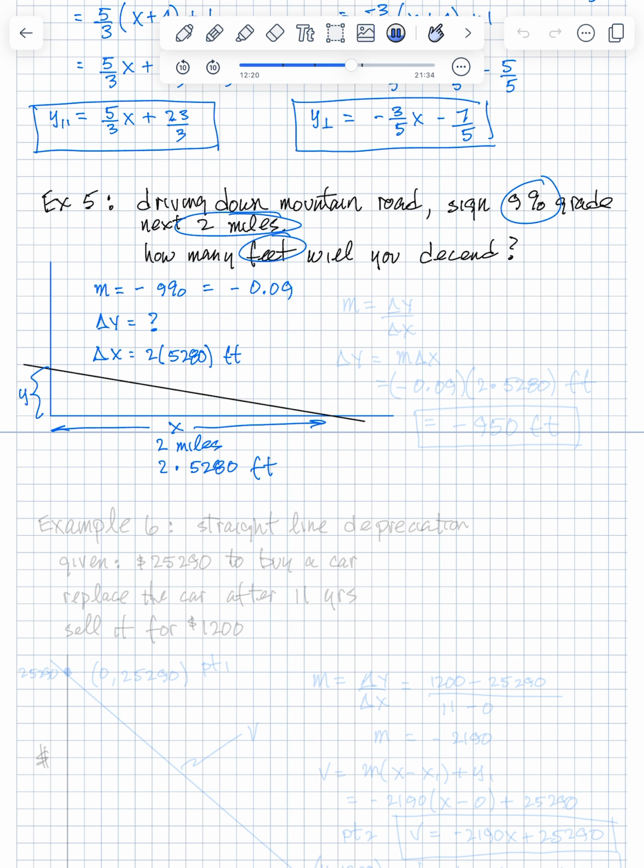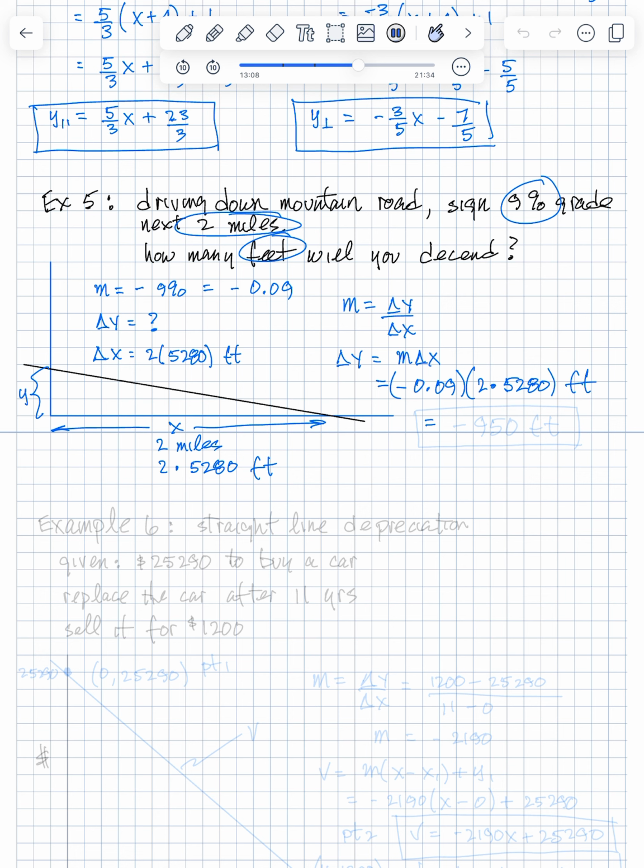So now all we have to do is put it into our equation. We know that our equation is m equals delta y over delta x. So we want to solve for delta y. So delta y equals m delta x. m is 0.09 and delta x is 2 times 5280 feet.